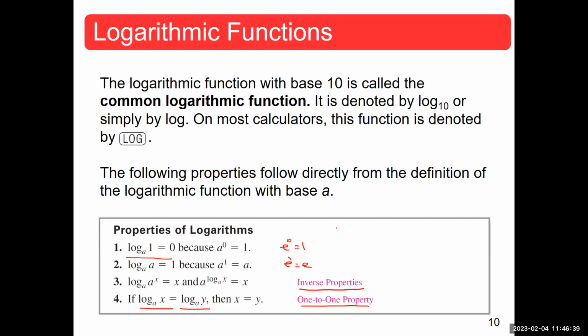Remember, we have a to power anything, well, a to power anything else, that means those are equal. What we're saying is, log base a of anything equals log base a of something else, then those are also equal.